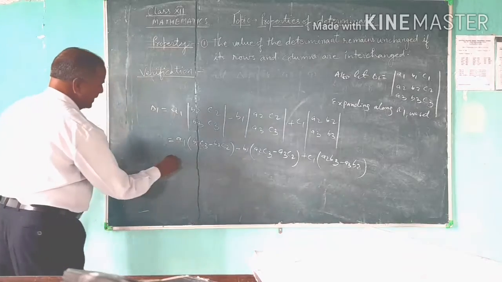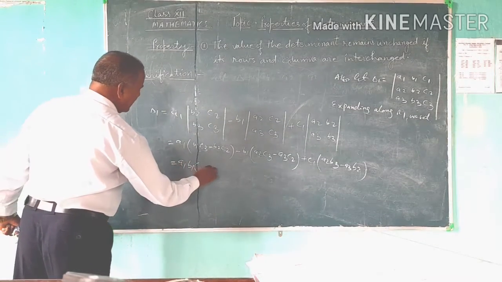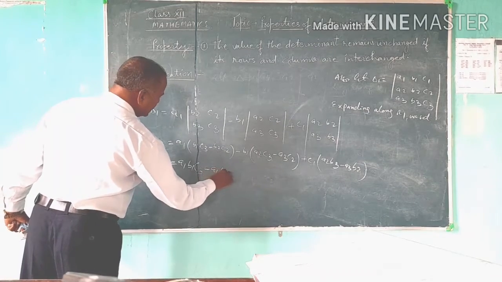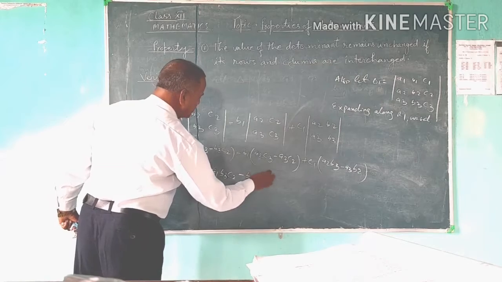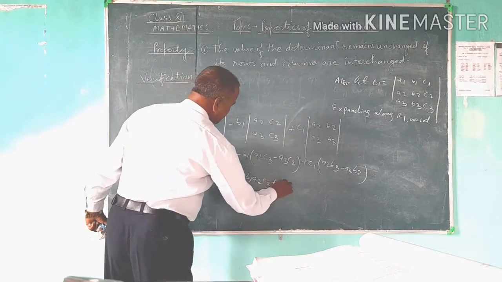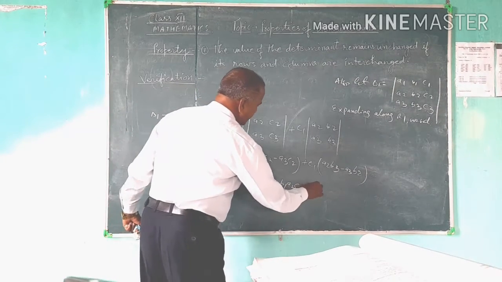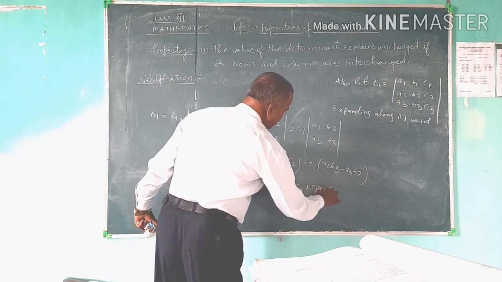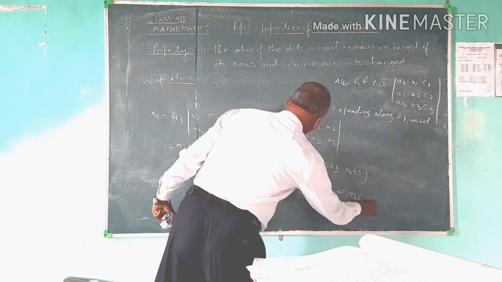By breaking the bracket we get A1 B2 C3 minus A1 B3 C2 minus B1 A2 C3 plus B1 A3 C2 plus C1 A2 B3 minus C1 A3 B2.